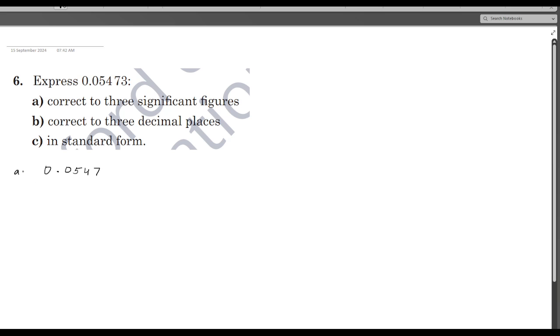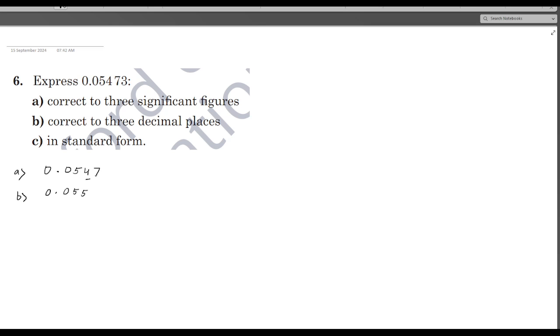Okay, then correct it to 3 decimal places. So for 3 decimal places it is 0.054, now this 4 will change to 5 as the number after 4 is more than 5. So if the number is more than or equal to 5, we should increase this number. So this 4 will become 5.